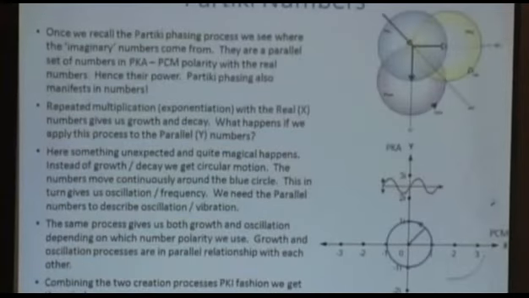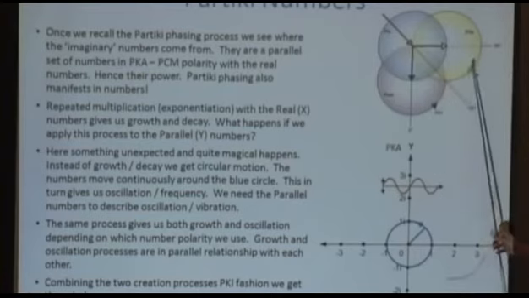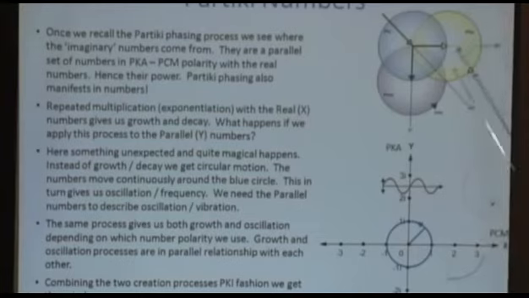Now, if we go back to the Partic-I phasing process, we can see where these numbers come from. The Partic-I phasing process creates two polarities, a Particum and a Partic-A, and these two polarities emerge in 90-degree alignment. That's what we have down here.